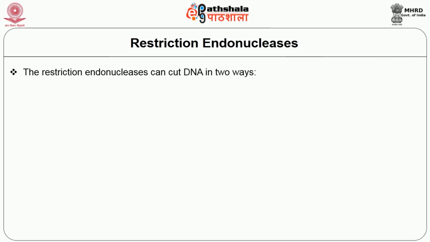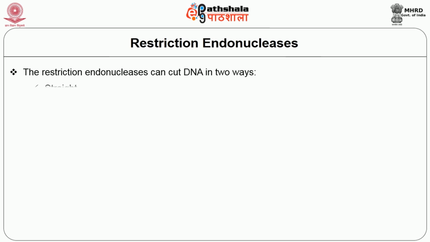In the opposite strand, the complementary sequence is CTTAAG, which, when read in the reverse or anti-parallel direction, is the same as the first. Thus, it is a palindromic recognition site. The restriction endonucleases can cut DNA in two ways.